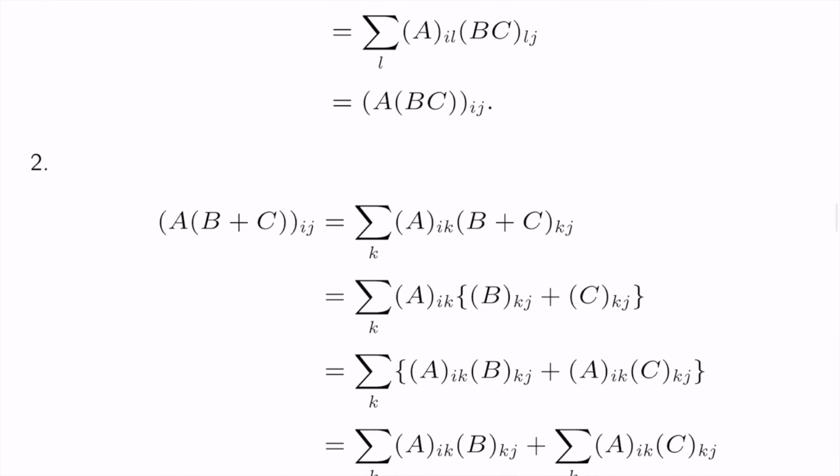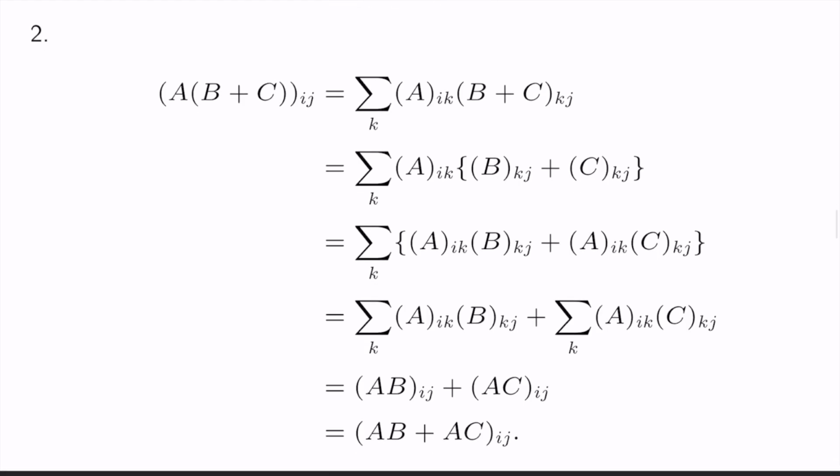And next, the distributive law. The ij element of (B plus C) times A from the left, let's first calculate this product. B plus C is a matrix and A is another matrix. So their product is defined as the sum of the ik element of A and the kj element of B plus C. So that's the definition.